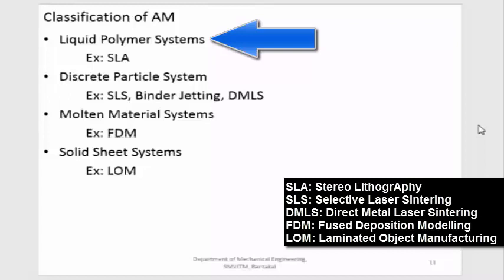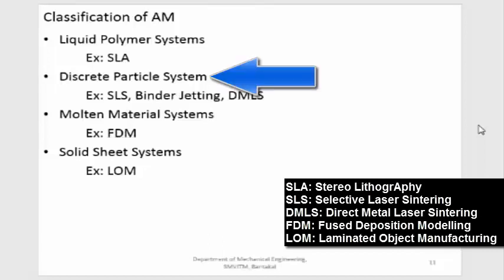From liquid to solid, it will happen in the presence of light. Usually it will be UV light, supplied through a laser. The example of the process is SLA, that is stereolithography. There is another advanced version of this, digital light processing, wherein you build one entire layer at a time. Digital light processing is another example of liquid polymer systems.